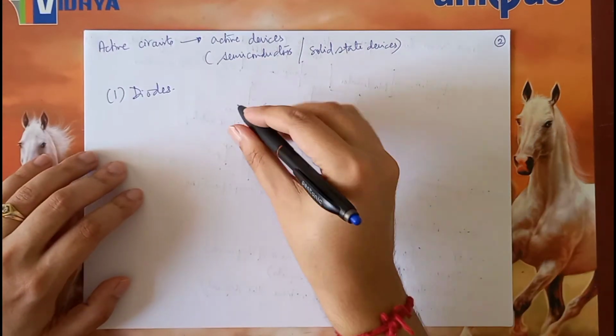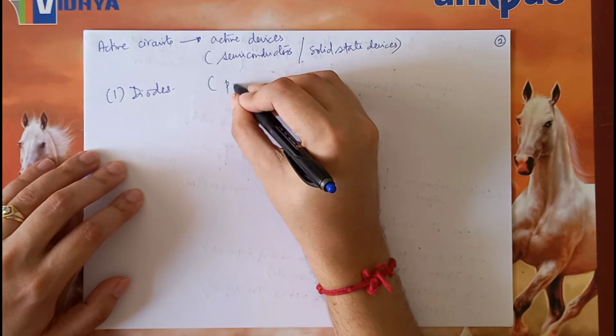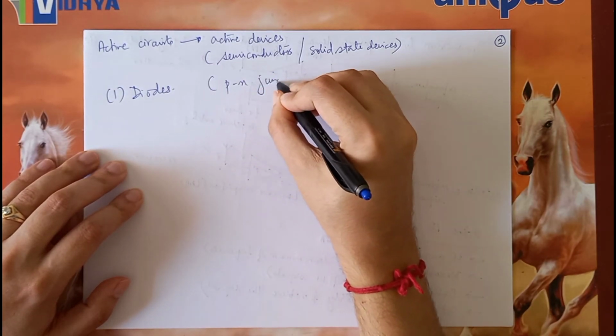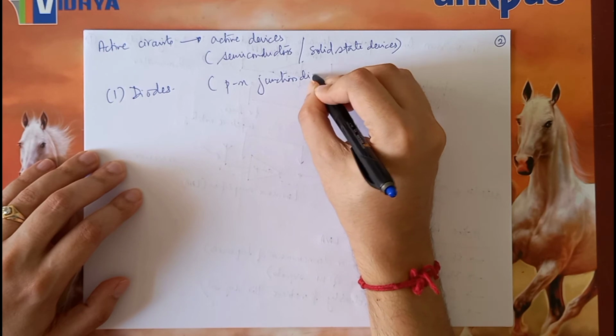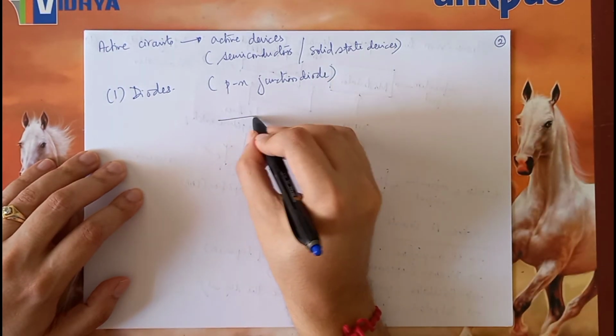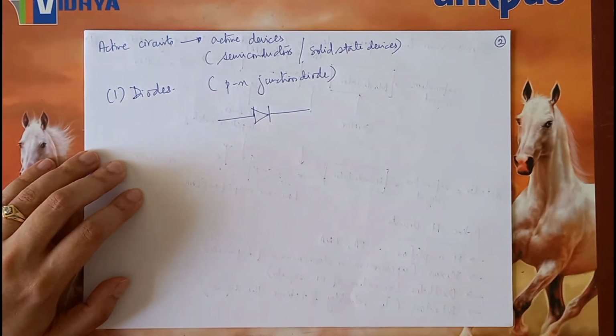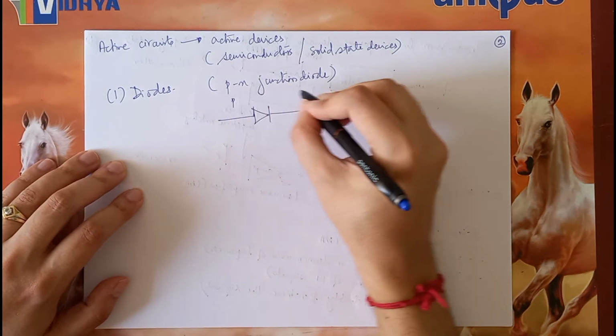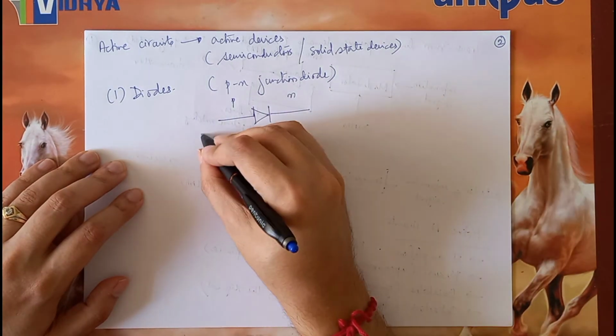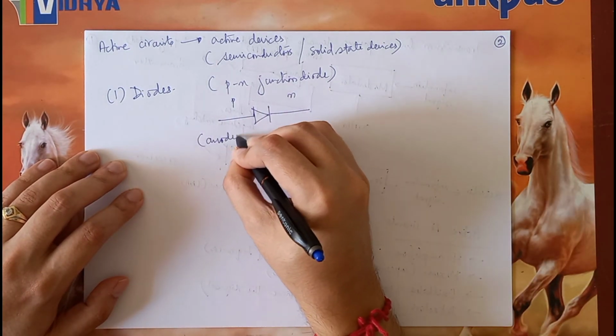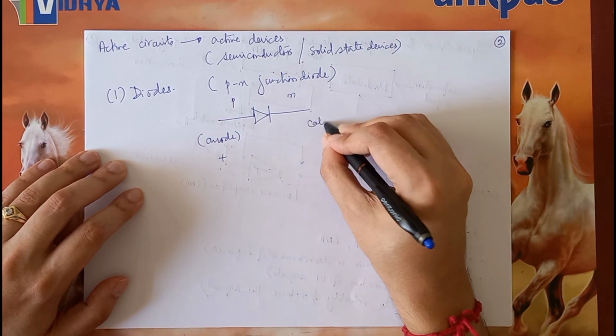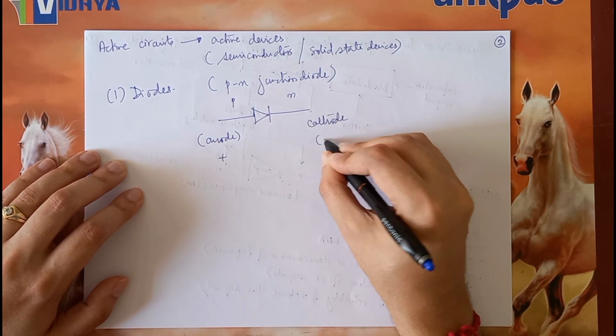One of the best examples is what we call a PN junction diode. The symbol of a PN junction diode looks like this. This is the P side, this is the N side, this is the anode or the plus terminal, and this is the cathode or the minus terminal.